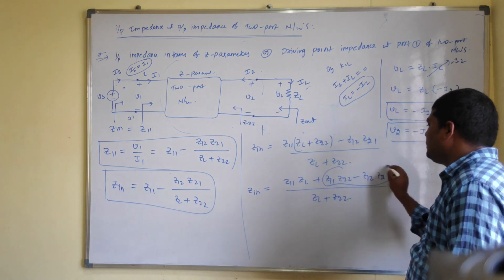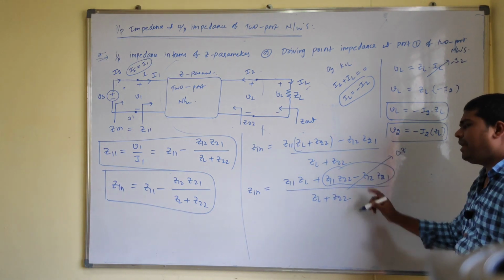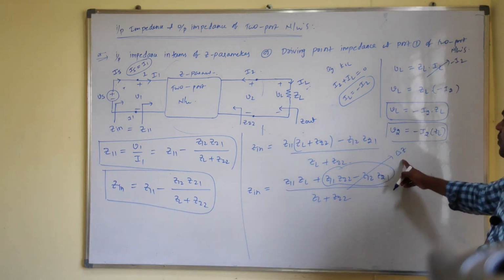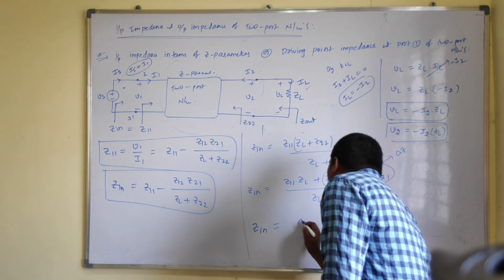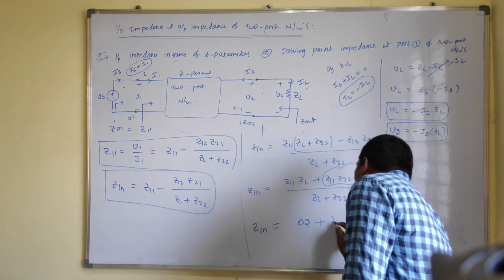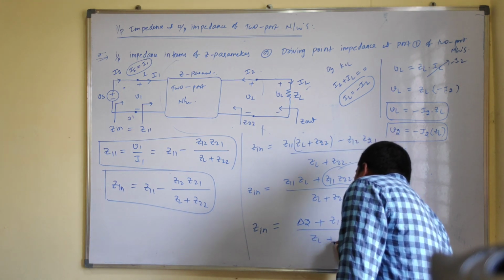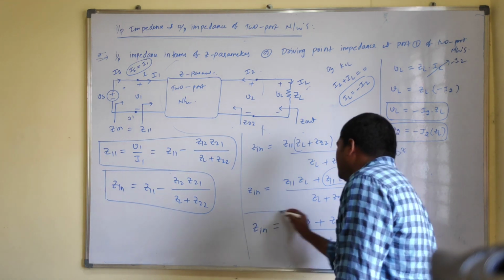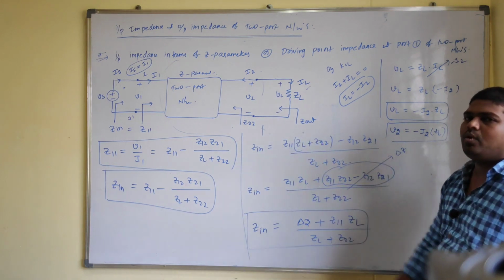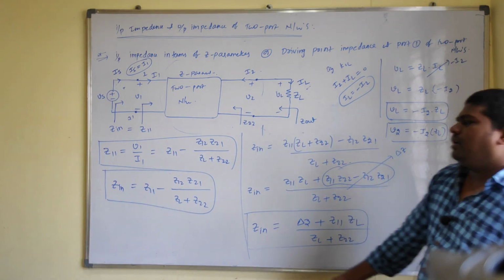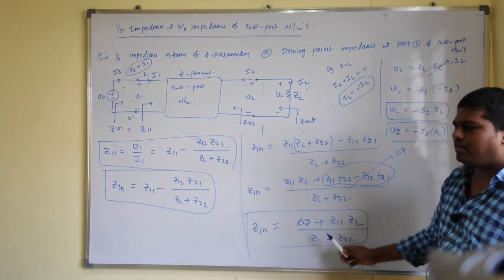Now observe this: Z11 Z22 minus Z12 Z21 equals delta Z. So Zin equals delta Z plus Z11 ZL by ZL plus Z22. This is another way of representing the input impedance for a given 2-port network, right? You can use this formula, or you can use the other one, no problem.